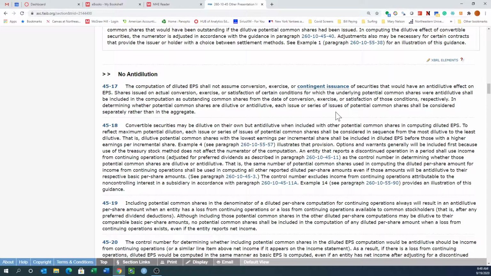And if that number that I calculate is now higher than my basic earnings per share, that would suggest when I factor that into the calculation, it would be anti-dilutive. I'll try and come up with a little example here.